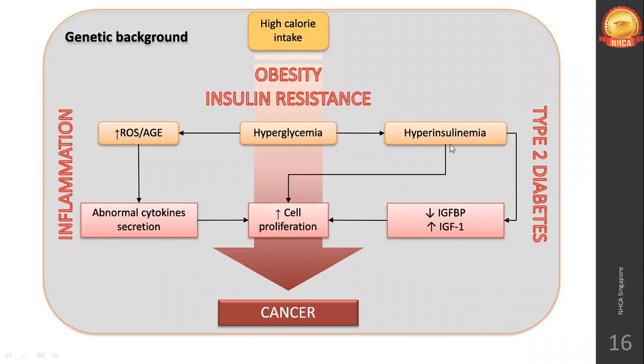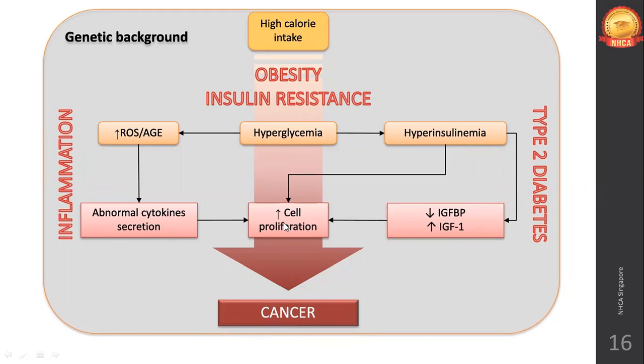Also, insulinemia means too much insulin in your blood. That will also lead to increased cell proliferation. Cancer is basically increased cell proliferation. What is a tumor? Too many cells that have accumulated and differentiated in a specific area of your body. That is a tumor, and that tumor can turn into cancer if it spreads from one part to another part.